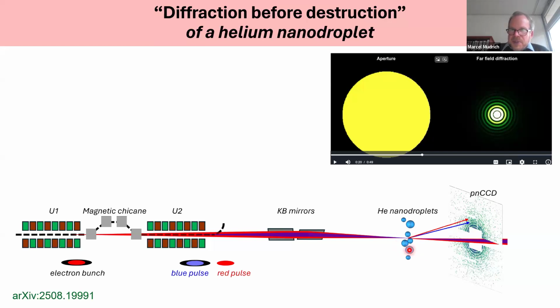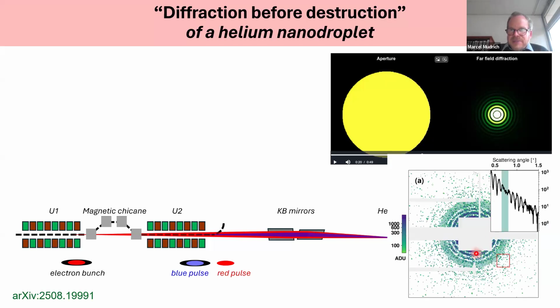So if we want to just test the diffraction imaging method, then helium nanodroplets are really very well suited target systems because of this perfect spherical shape. And I showed last time these diffraction images that we recorded at the time, which look exactly as expected, or very similar to the two-dimensional circular aperture.